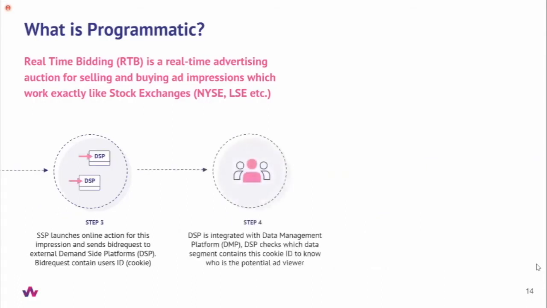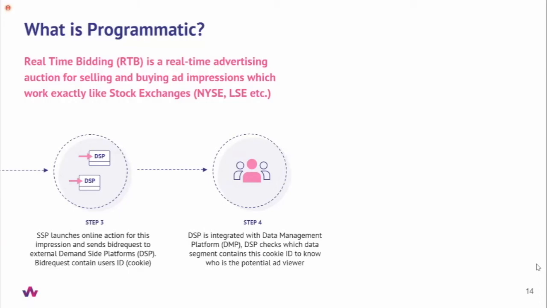And external DSP platforms, demand-side platforms, who are interested in buying this advertising impression, who are interested in showing some advertising creatives to this user, make a decision to join this auction and make some bids.